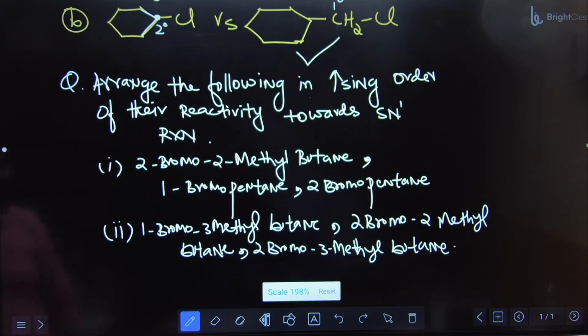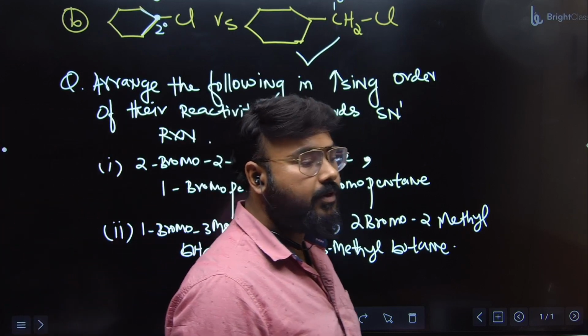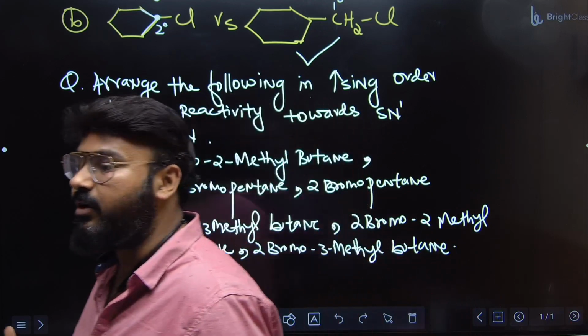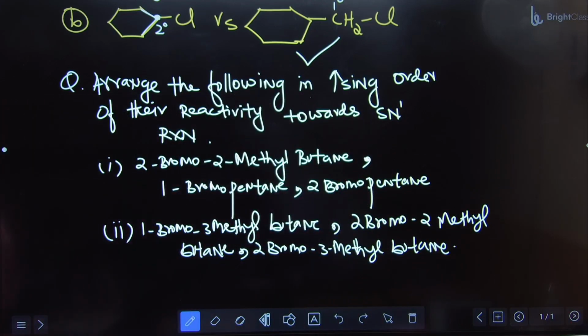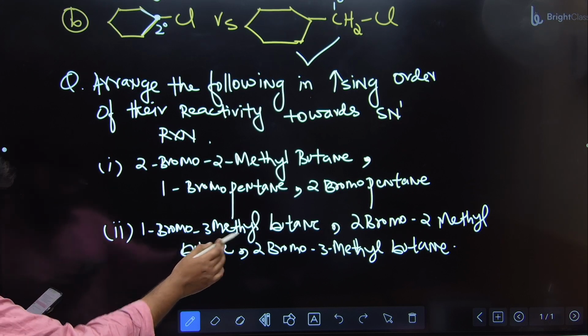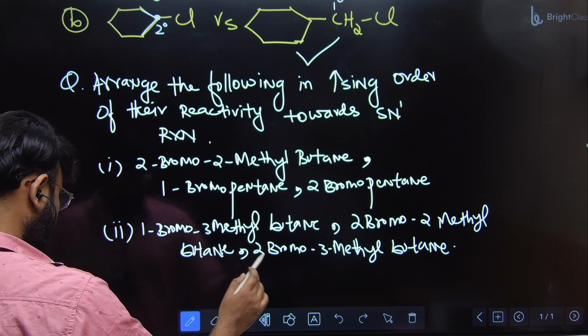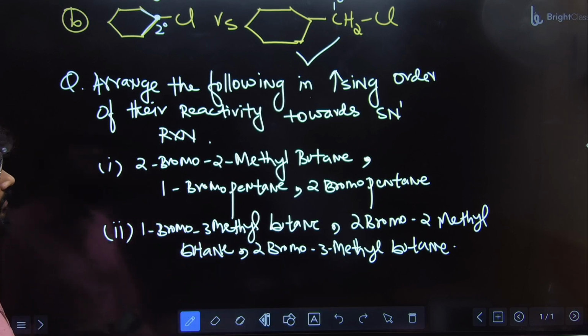So guys, you have to solve these two questions. First, convert the IUPAC naming to structure and then arrange them in increasing order. See, 1 bromo 3 methyl butane, 2 bromo 2 methyl butane, 2 bromo 3 methyl butane.